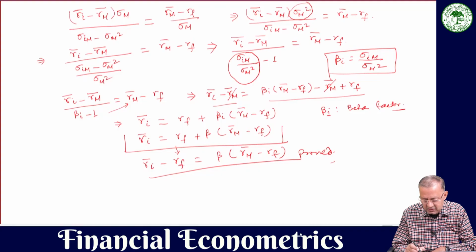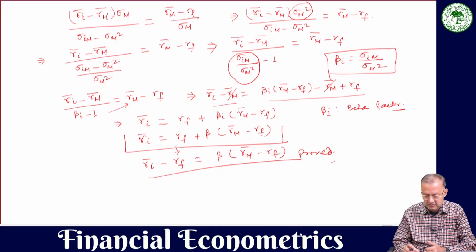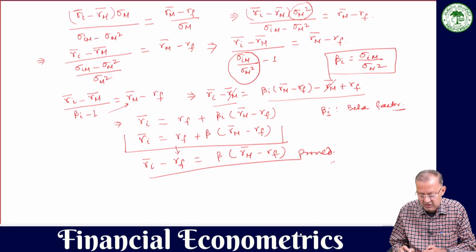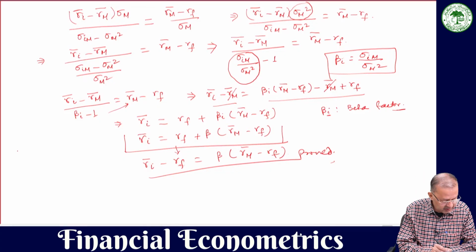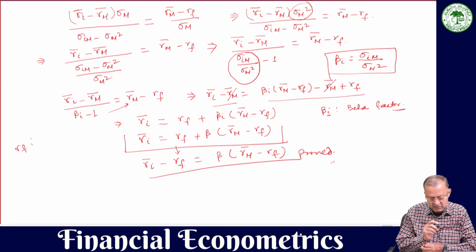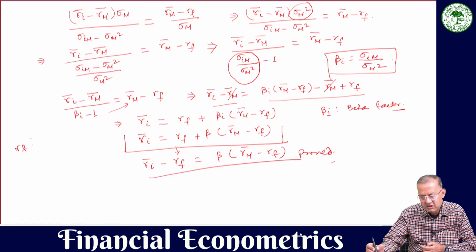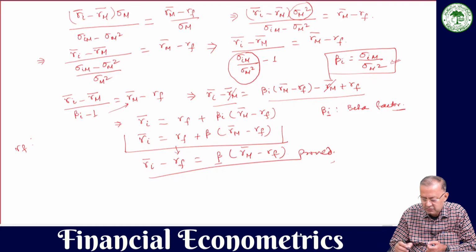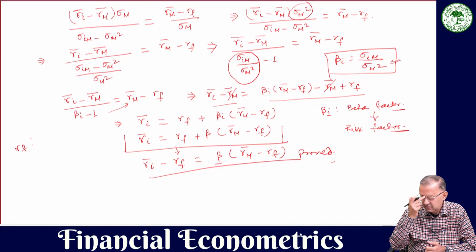Now let us talk about the interpretation of this. Asset beta is related to the risk factor because it is a covariance to variance ratio. So this beta factor is related to the risk factor.